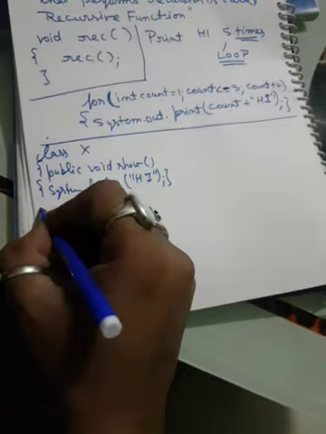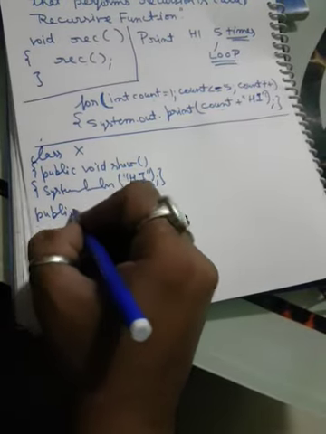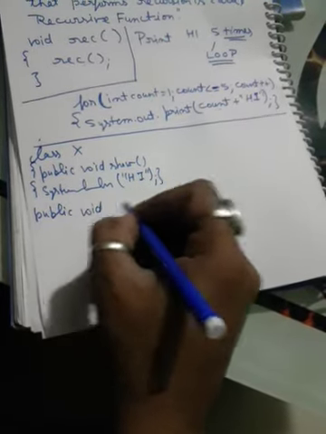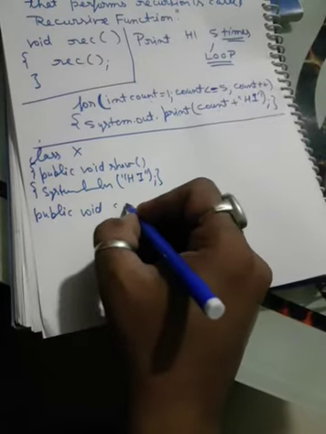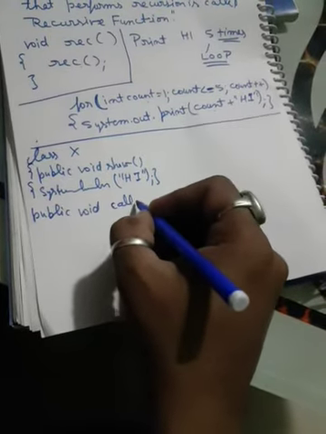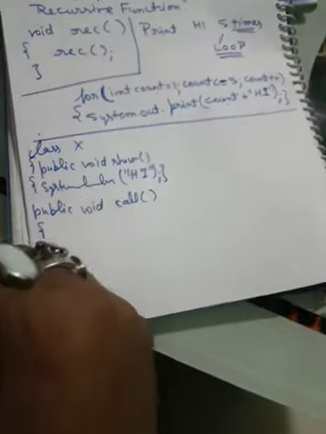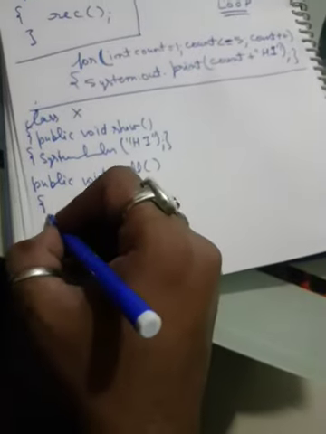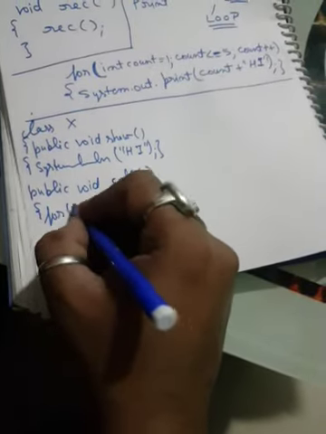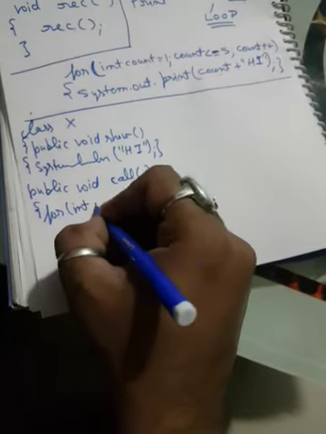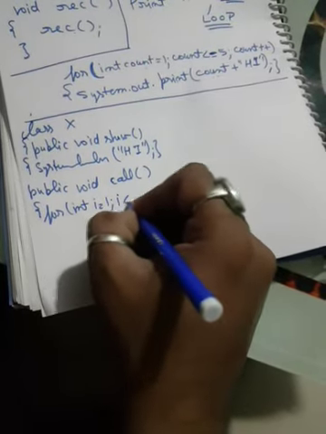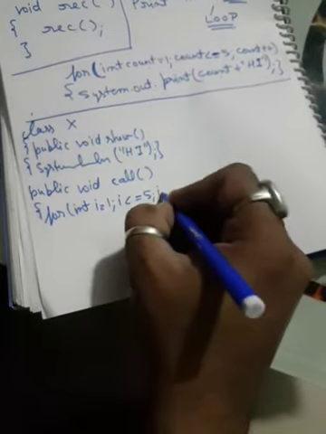Now I write a function. All right, say call. Call is the name of the function I have given here, and I write here for int i less than equal to 5, i plus plus.